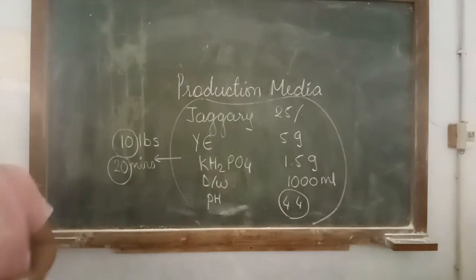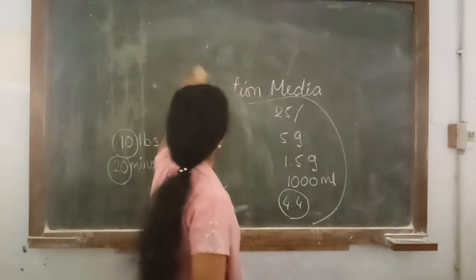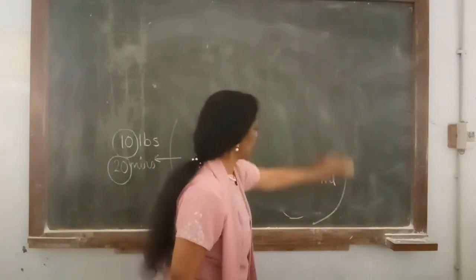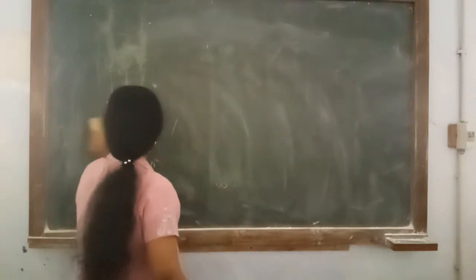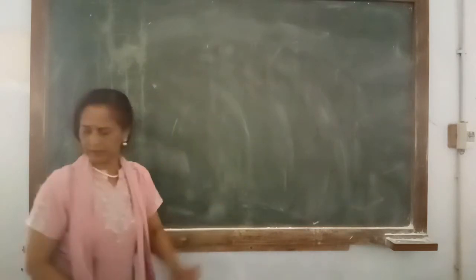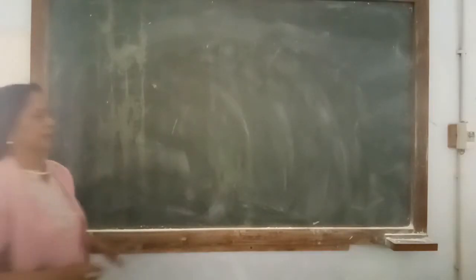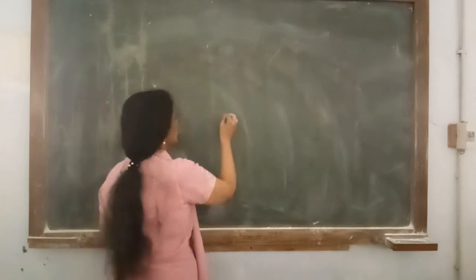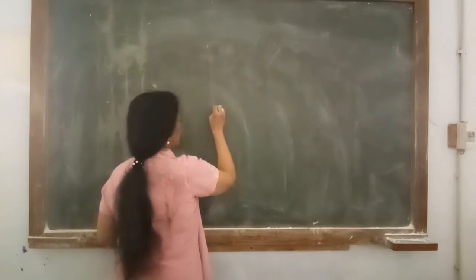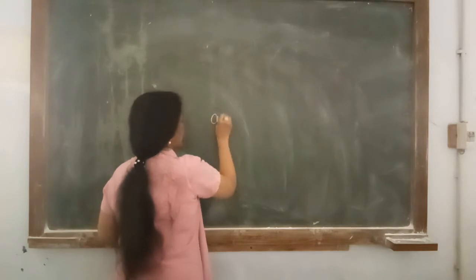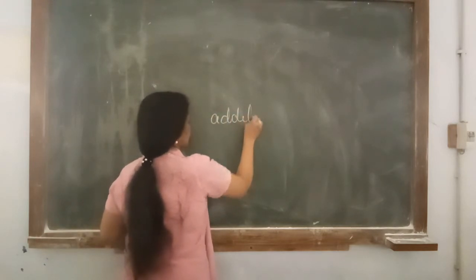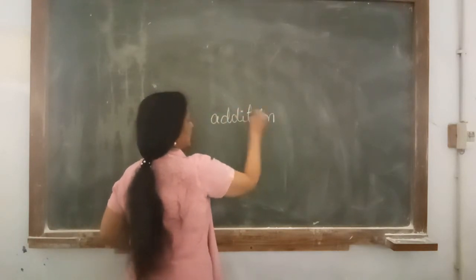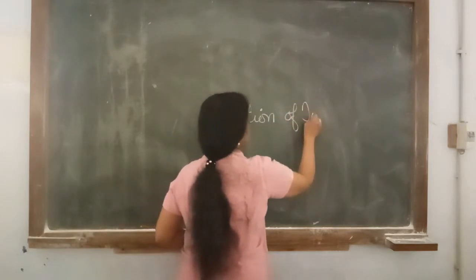Now we will see what is to be done when we are actually starting the practical. There are some components of the practical. Whenever we start, the very first thing is addition of inoculum.